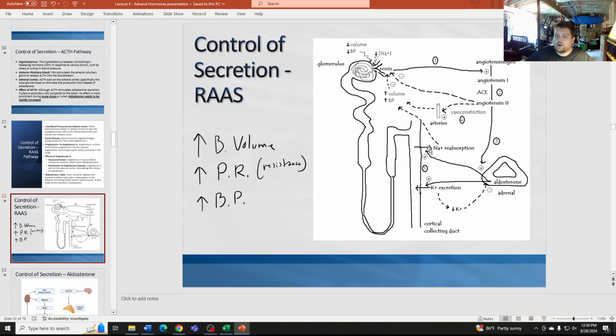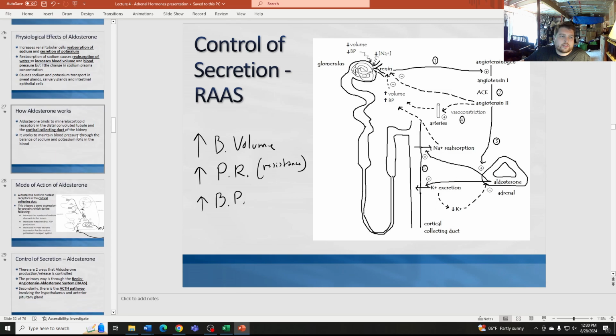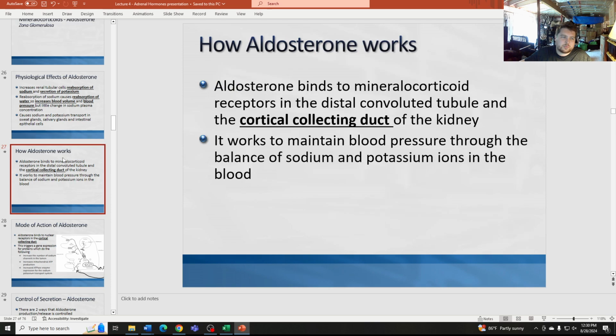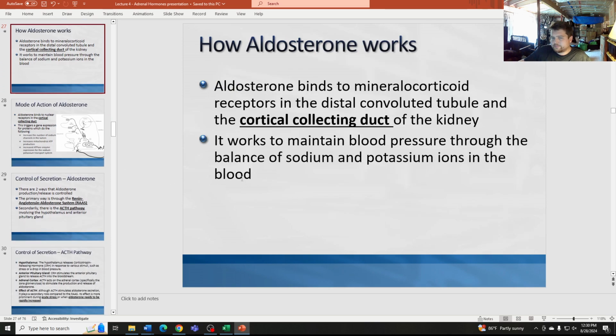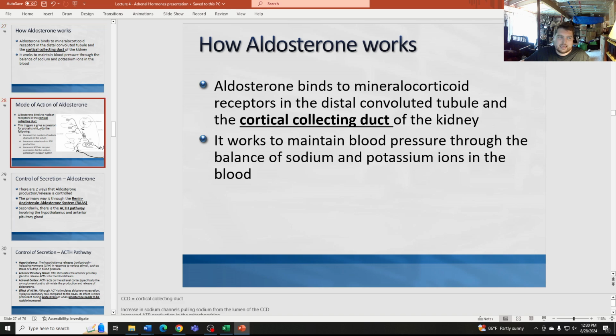But just roughly, that cortical collecting duct after the glomerulus, the loop of Henle, towards the end stage in the cortical collecting duct, is when aldosterone acts. We'll dive a lot deeper into kidney stuff in a future lecture. Aldosterone works to maintain blood pressure through the balance of sodium and potassium ions in the blood.